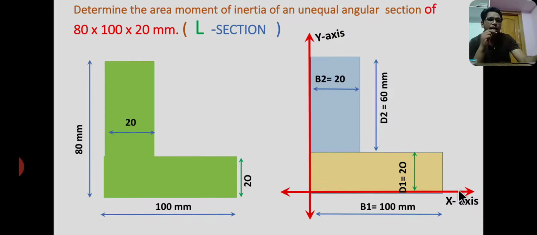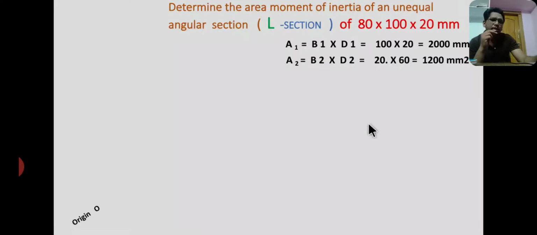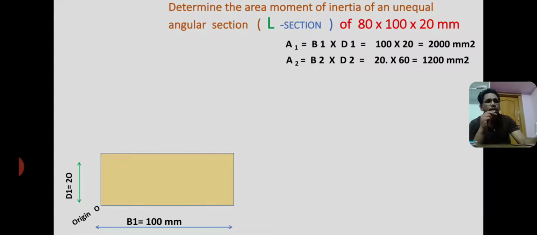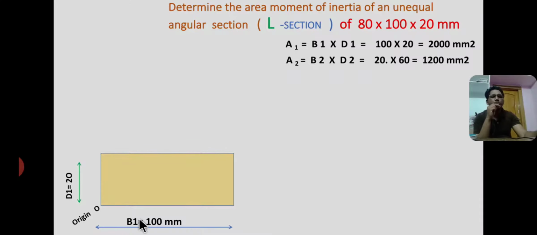So x and y axes are the reference axes, and this point is the origin. Now coming to the areas, the area of the bottom rectangle A1 equal to base into height, that is b1 into d1, equal to 100 by 20 equal to 2000 mm square.